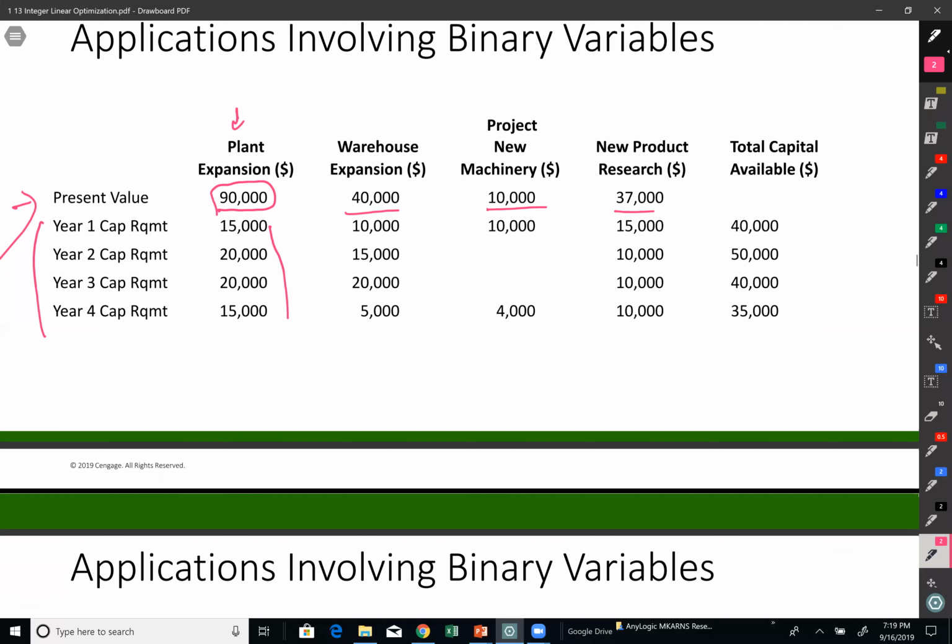So if we go with warehousing, it has less net present value. However, maybe we spend less money, for example, in year one, 15,000 versus 10,000 versus 20,000, and so on. So we spend less money, but our returns are lower too.